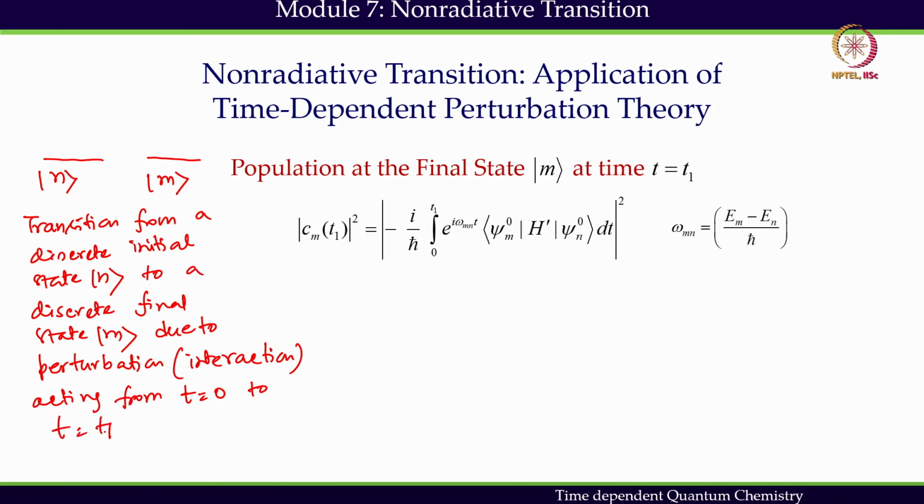Until t1 it was acting, and the question is what is the final state population.